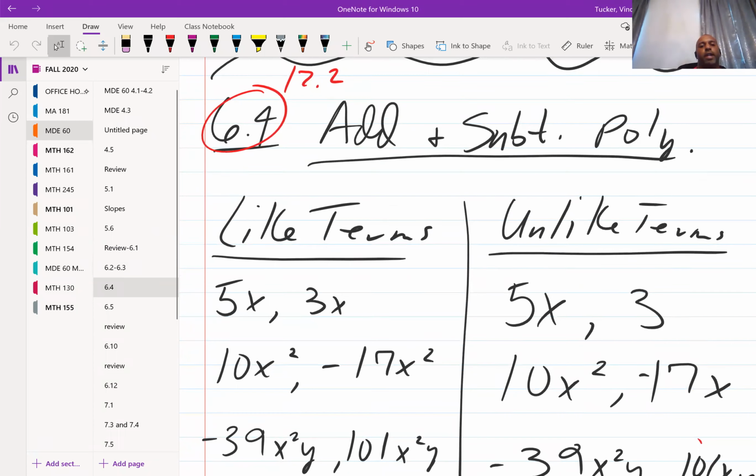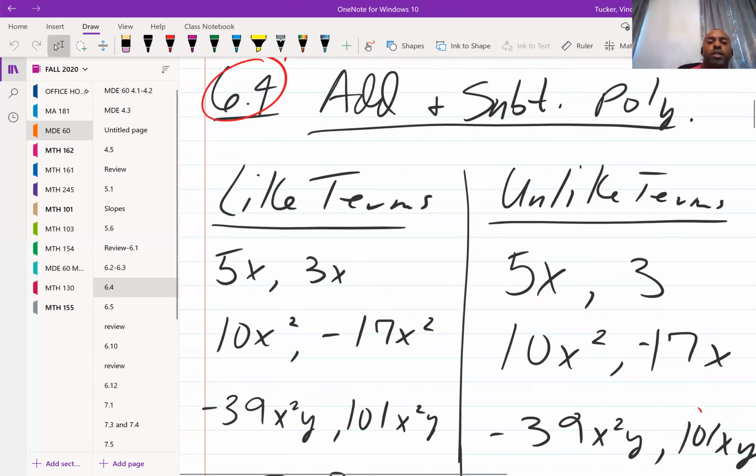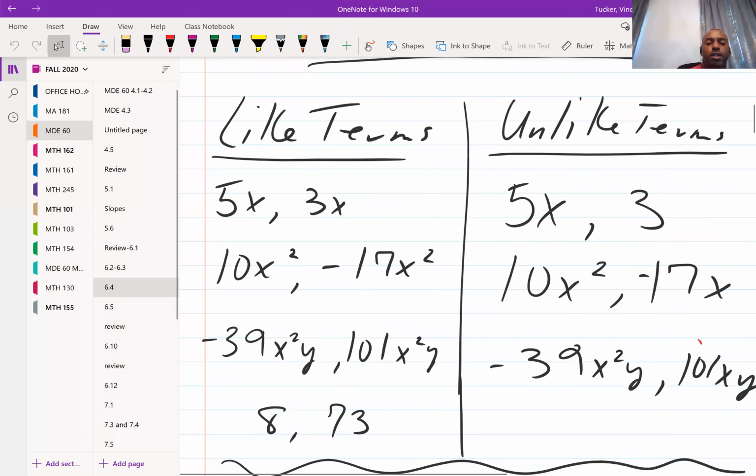All right, so let's go ahead and add them. The way we'll be able to add and subtract is by what we call like terms. If they're considered like, then they have to have the same variables, same exponent of variables, same amount of variables.